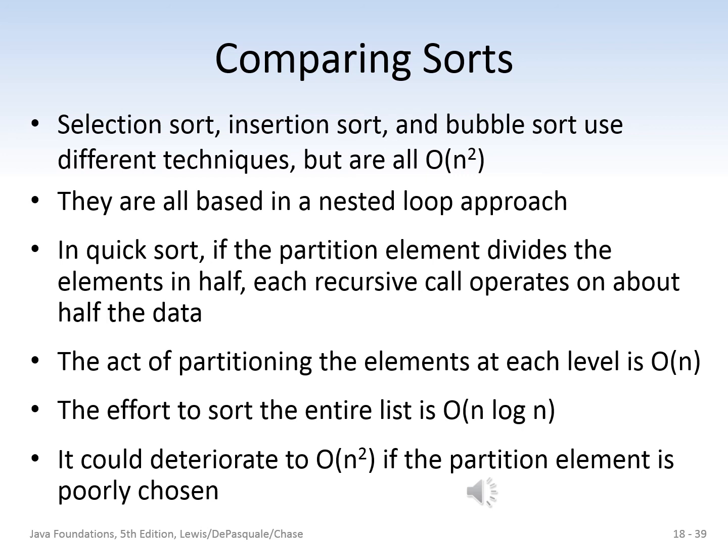However, the effort to sort the entire list is O of n log n. So depending upon how the partition element is chosen, the quicksort could deteriorate to O of n squared. Once again, I want to stress that is if the partition element is poorly chosen.